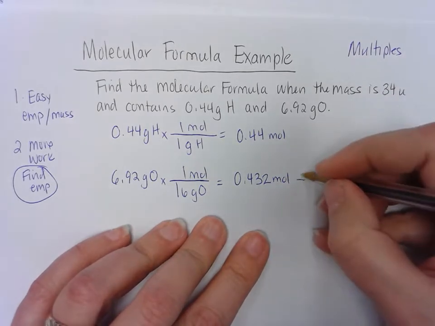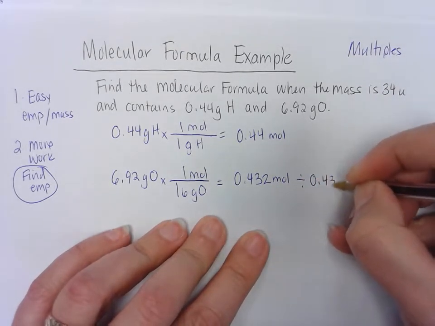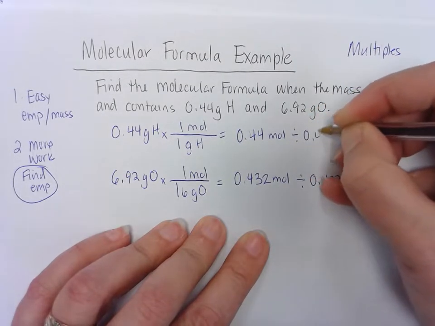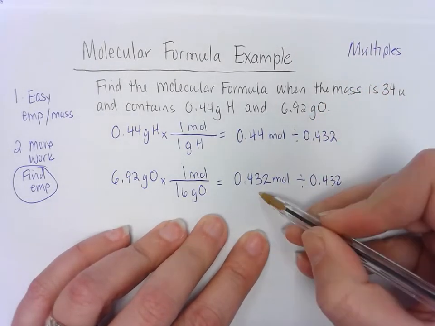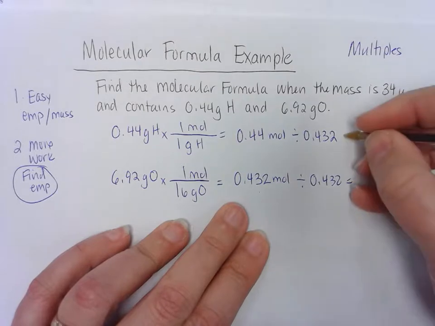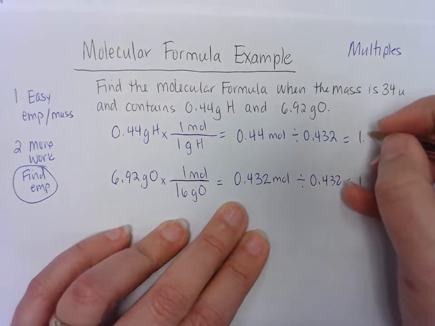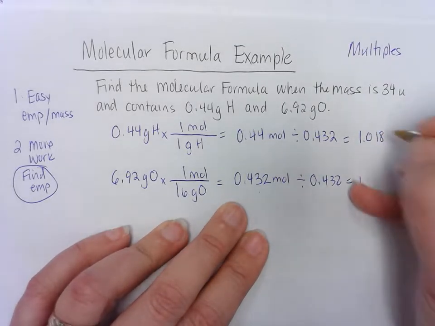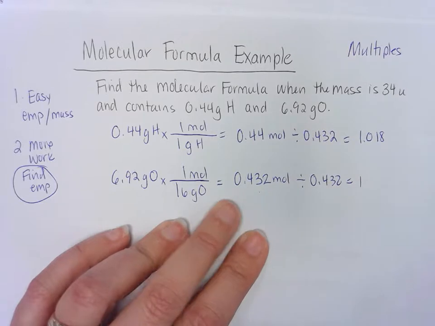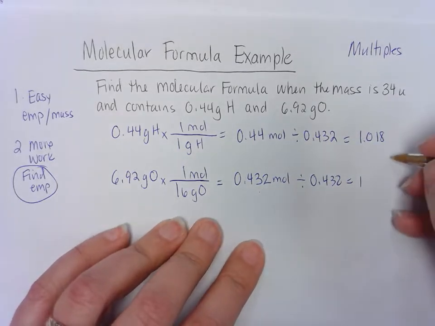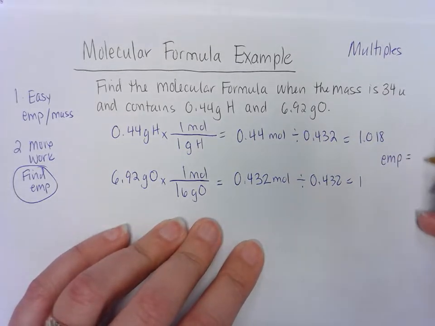So we're going to divide by the smallest number of moles, which is the oxygen one. We get 1 here, and 0.44 divided by 0.432 is 1.018, so this is basically 1. This empirical formula is a 1 to 1 relationship, so it's H1O1.